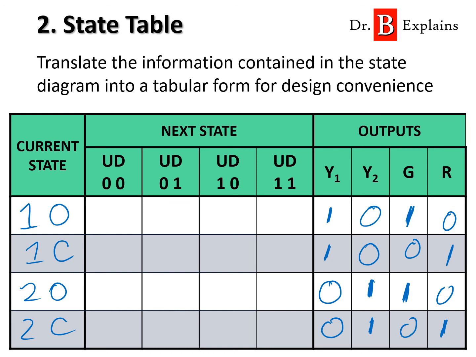Now, this section, the next state, we're going to take it from the diagram, okay? So let's do this one. So 0, 0, and I'm at the open state, and I just remain in my first floor open.